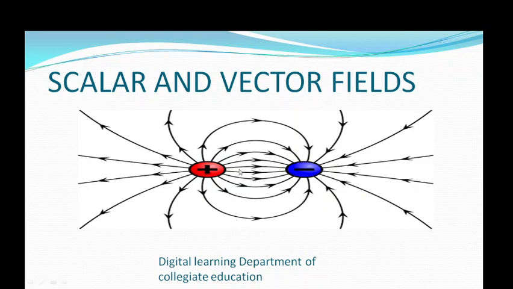The electric field of a point charge varies from one point to another point, but the electric field is a continuous function of a point in the space.